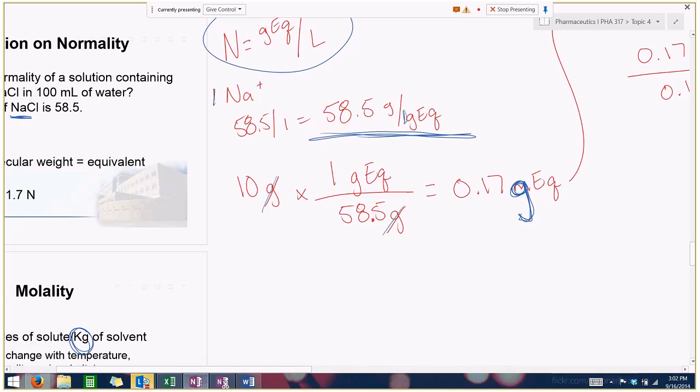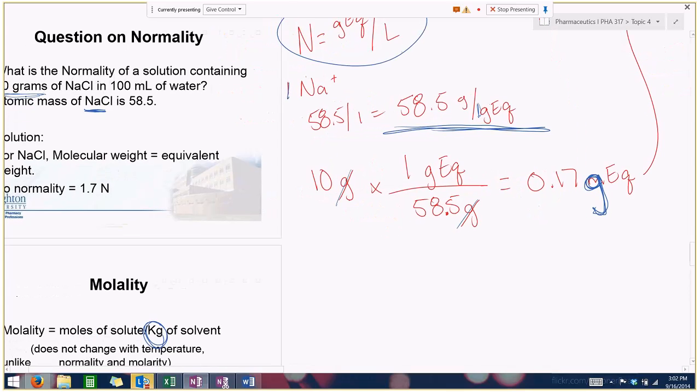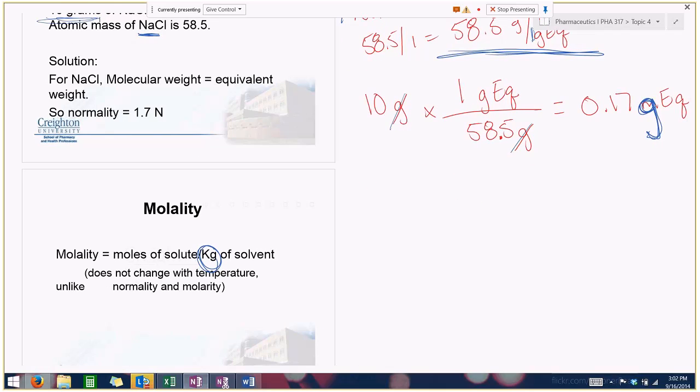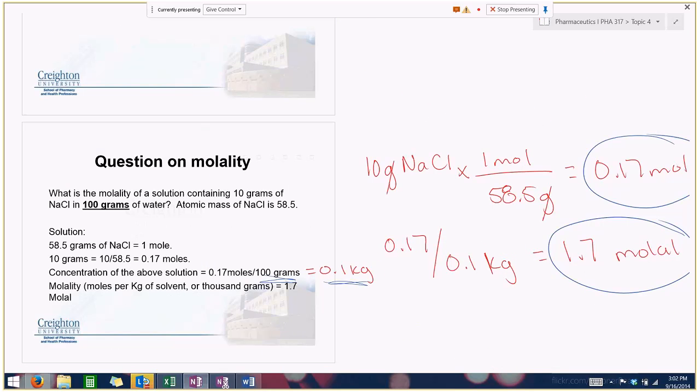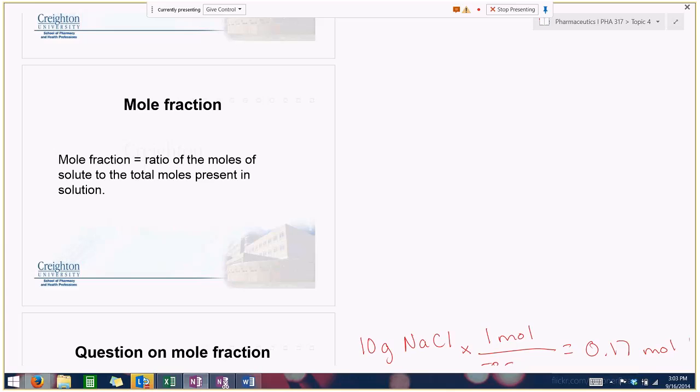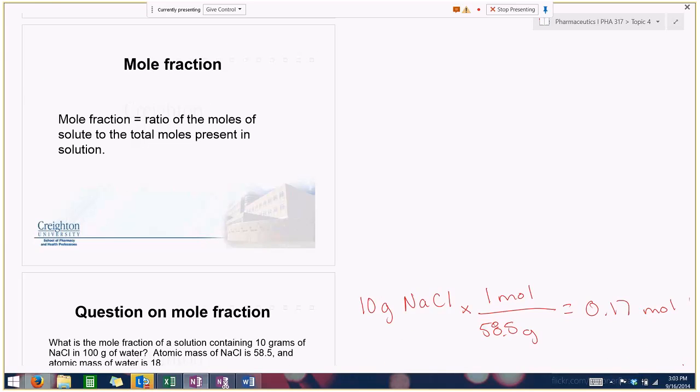But if we were using something like calcium that had a +2, then we would be dividing this by 2, and so our normality would have been different. But since we're dividing it by 1 up here to figure out our equivalent, it's all going to be the same.